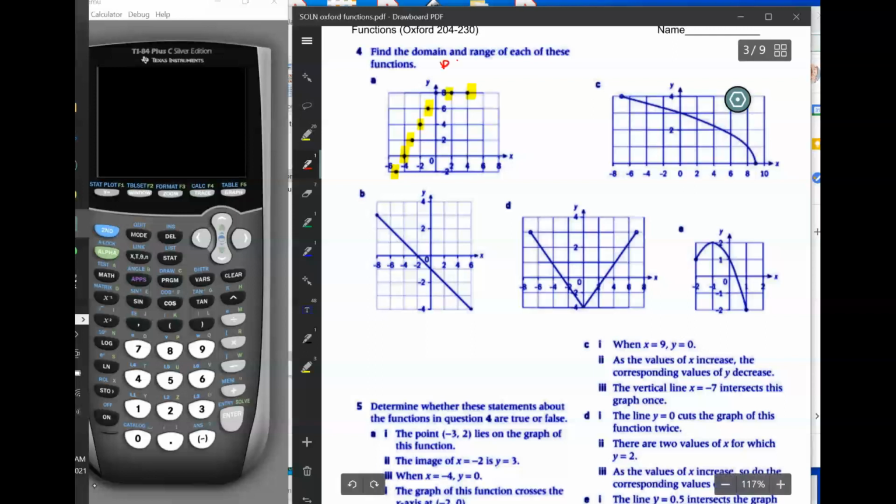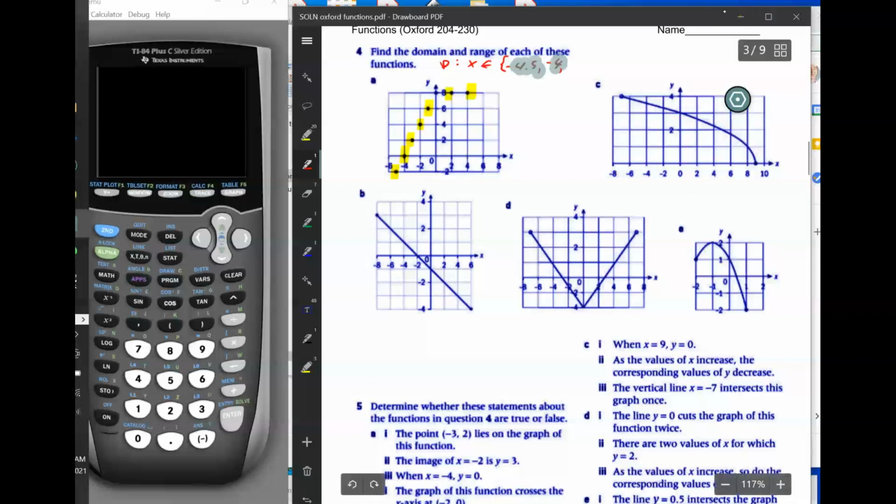So the domain is equal to x is an element of, and I'm going to list all the points that x could be. So it looks like negative 4.5 is the first, and then negative 4, and then, I'm sorry, it's not negative 4.5, it's negative 5, because this is between negative 4 and negative 6.